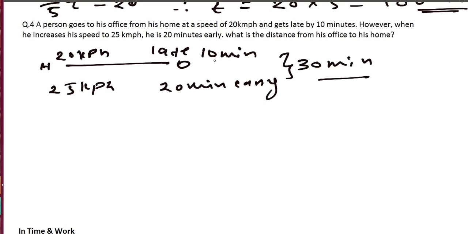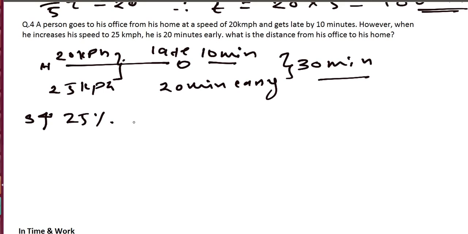That means the original time is getting reduced by 30 minutes. The speed is increasing from 20 km to 25 km per hour, so 5 over 20 is 25%.